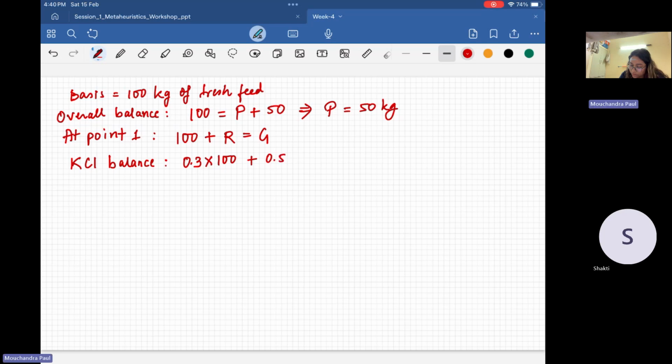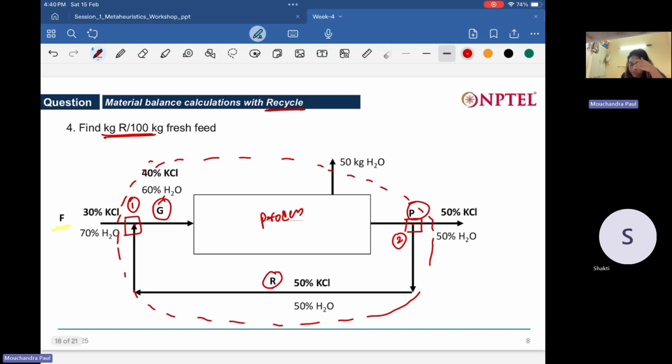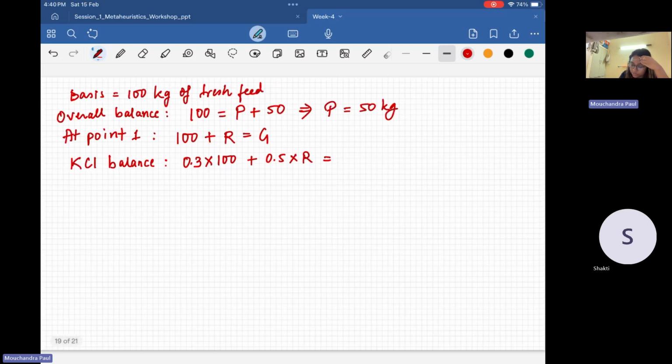So 0.5 into R, and the stream entering, G, has 40% KCl. Now we have two equations and two unknowns, R and G. We can now solve to get the values of R and G.